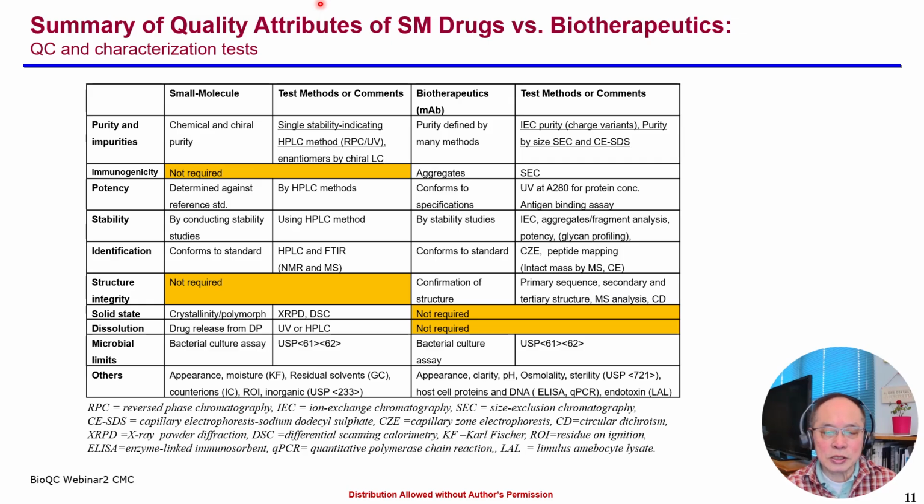For example, small molecule drugs do not require immunogenicity and structural integrity testing, while they require tests for solid-state characterization using X-ray powder diffraction, or dissolution to measure the release of the API from the drug product using UV or HPLC.